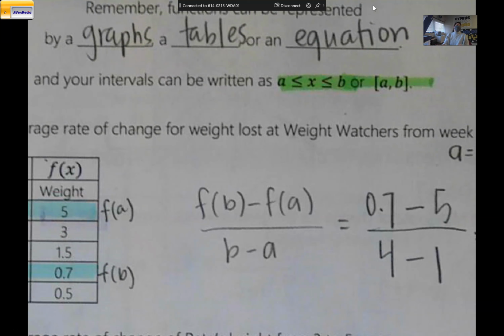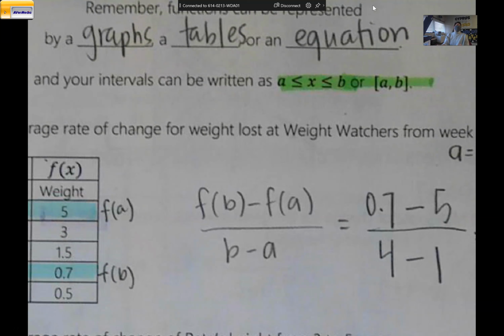Now let's remind ourselves what these intervals mean. We're going to get an interval, and the first number we're going to call A, and the second number we're going to call B. What that means is we're checking from where X is A to where X is B. That looks like a 6, but it's a B. So when it says check the man's rate of change from 0 to 2, what they mean is from X is 0 to X is 2.